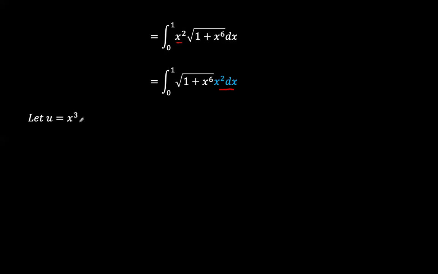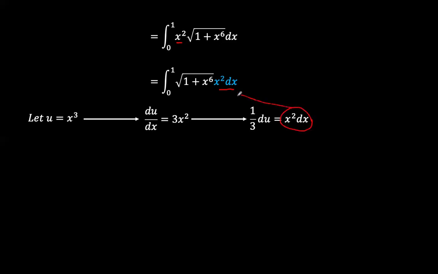And the next step for us is to say, okay, let's combine this x squared and dx. And we see that if we let u be equal to x to the power 3, that means that du/dx is 3x squared. And so a third du can be substituted for x squared times dx. So this here is the same as this, right?